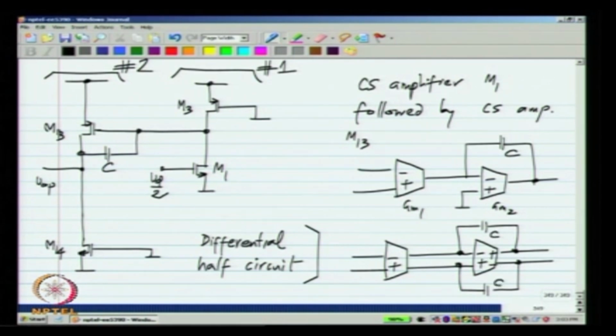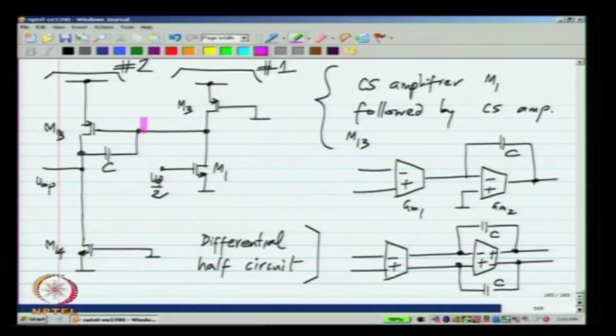Okay. So, it is just a fully differential version of the same circuit. So, this circuit is again extremely easy to analyze. Now, because of the symmetry, we do not have the mirror pole and 0 in the first stage. In a single ended two stage op amp, you have that because one half of the current is mirrored. In this case, you do not have that. So, the transfer function of this is a lot cleaner than the single ended two stage op amp.